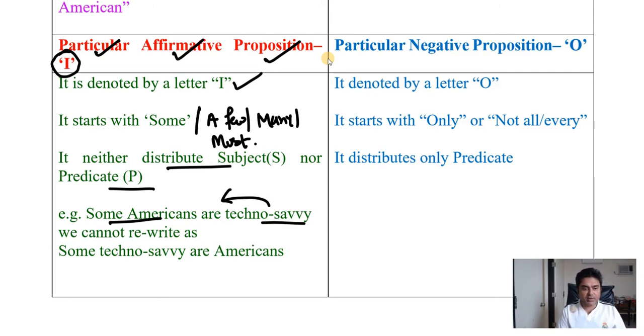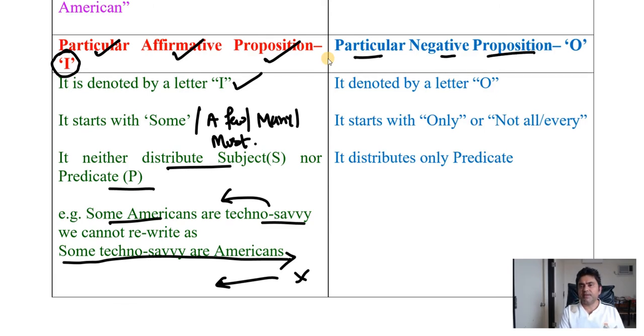Particular negative proposition. Particular means some, few, many, like that. Negative means negative. Proposition means statement, and it is denoted by the letter O. It starts with only and not all or not every.